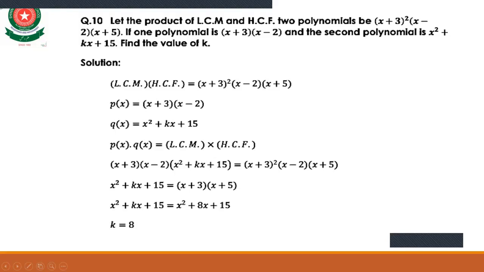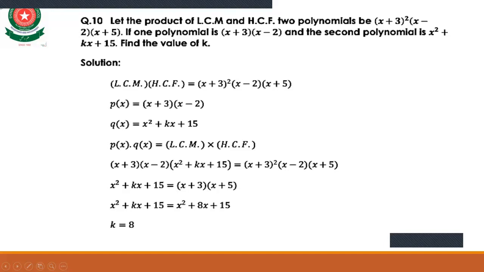The remaining terms are x square plus kx plus 15, and here is x plus 3 and x plus 5. By solving this, x square, then 5x plus 3x, 5 plus 3 is equal to 8x, and 5 threes are 15.